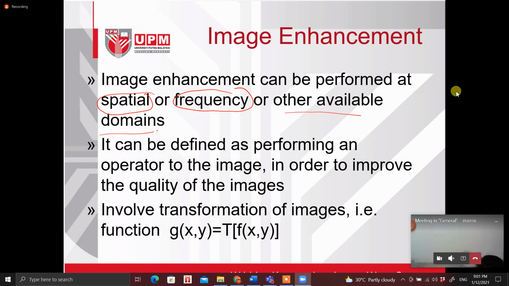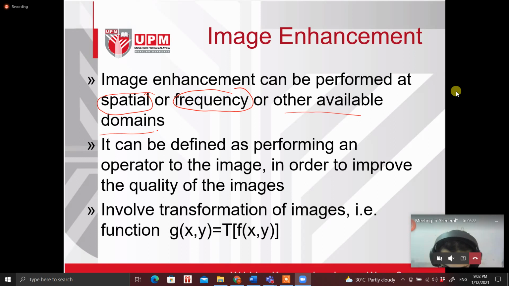Before I go further, can I make sure that all of you have heard and understand about the frequency domain? Anybody who doesn't understand about the frequency domain? No response, meaning everybody understands.